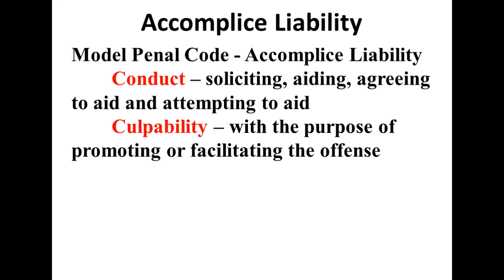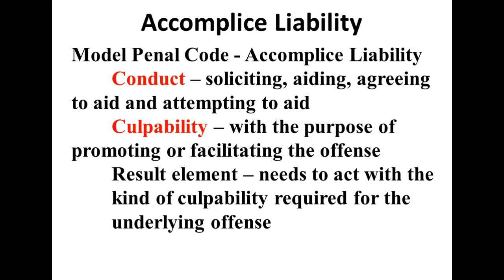One final little Model Penal Code twist. When there is a result element needed for the crime that is going to be committed essentially by the principal, the one aiding needs to act with the kind of culpability required for the underlying offense, for the result element of the underlying offense. And in class we'll talk about this a bit more.